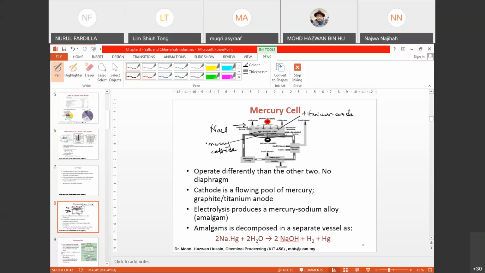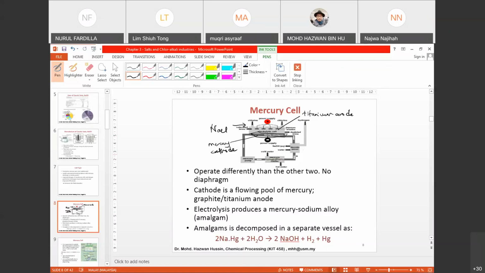The mercury electrode is made from sodium mercury, and water comes from the brine solution, because this is an aqueous solution of brine. The first reaction is the production of sodium hydroxide plus hydrogen gas and mercury. The details are as follows.